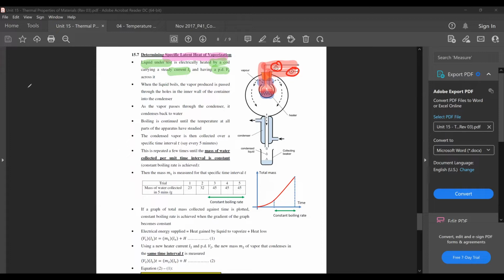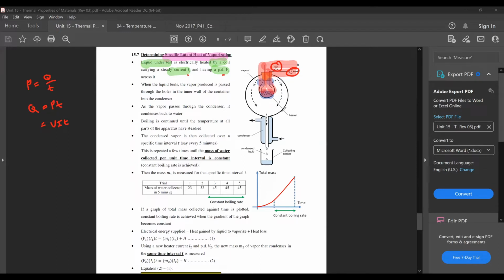This is so that you can actually find out the heat energy supplied. Because in the previous example, we already said that power is Q over t, Q is Pt, and then it can be expanded to VIt. Okay, so you want to know the current, you want to know the voltage, so that eventually you can find out how much heat energy you actually supply to heat the liquid.